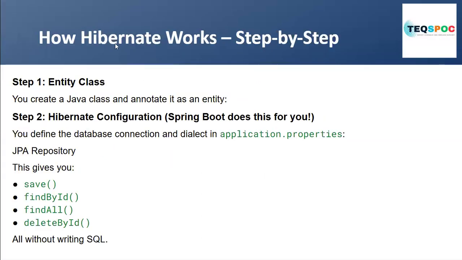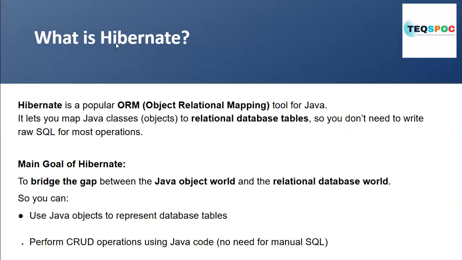We are generally using Hibernate. So what is Hibernate? Hibernate is a popular ORM, that is object relational mapping tool for Java. It lets you map a Java class object to a relational database. It means you will create an entity class, and that entity class object will be mapped to the relational database. A table with the entity class name will be created in your database with the help of Hibernate.